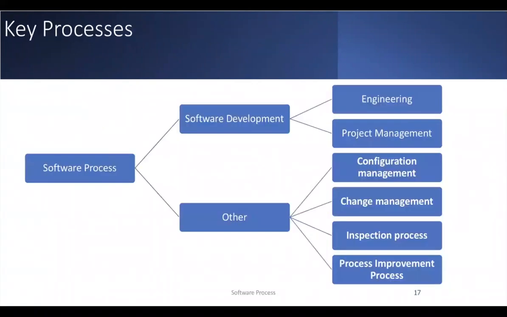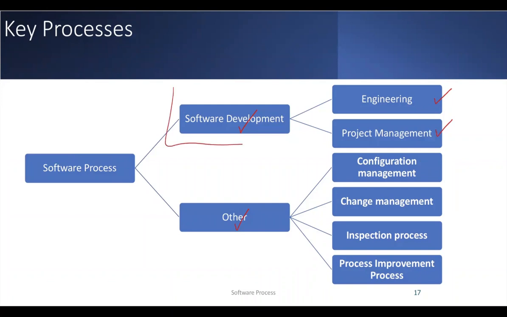So what are the key processes in a software development cycle? In software process, we have two major key processes: a software development process or anything else. In a software development process, we have other key processes. The first one is the engineering process and the second is the project management process.